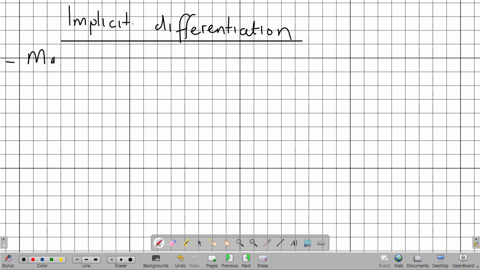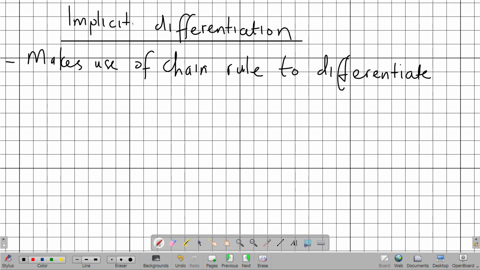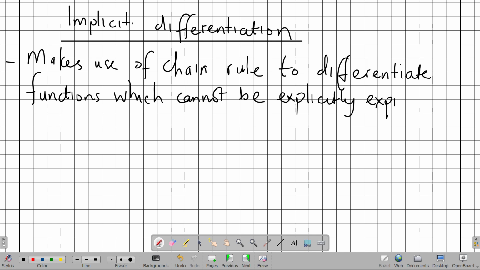It makes use of chain rule to differentiate functions which cannot be explicitly expressed in the form y is equal to f of x.